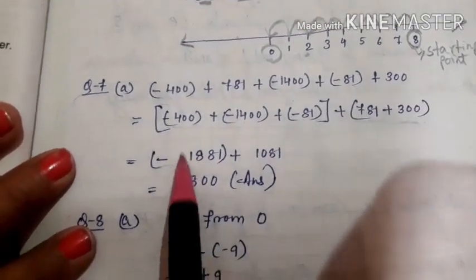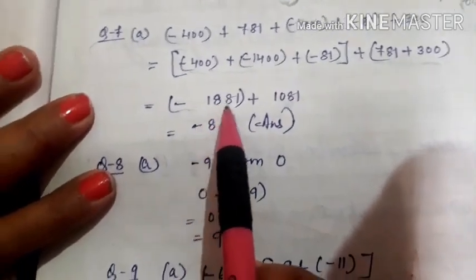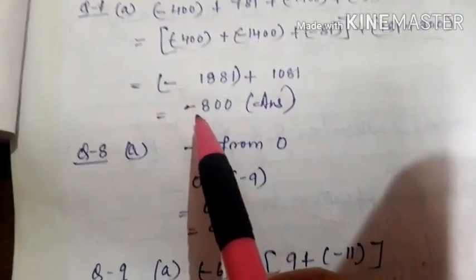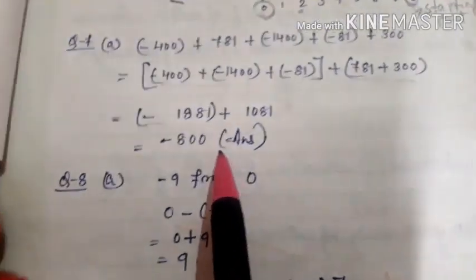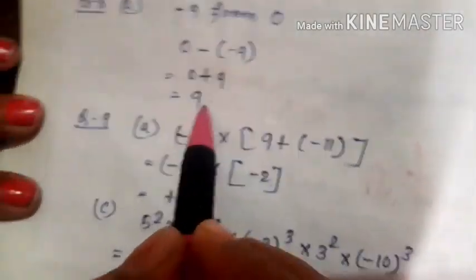Here taking the minus common, you add these 3, 1881 plus 1081, which is equal to -800 in the answer. Then question number 8. Subtract -9 from 0. That is 0 minus of -9, 0 plus 9, which is equal to 9.